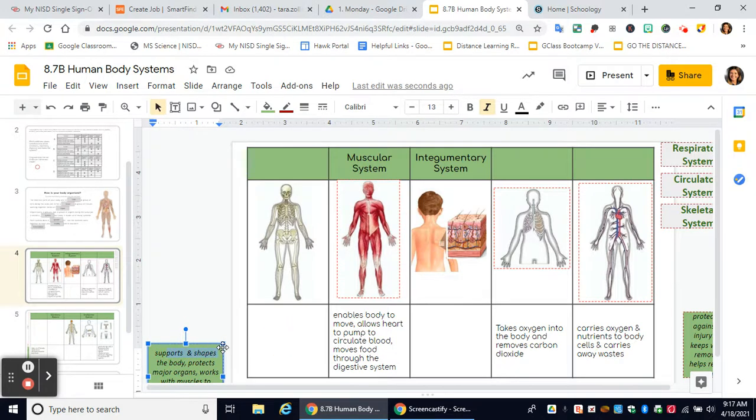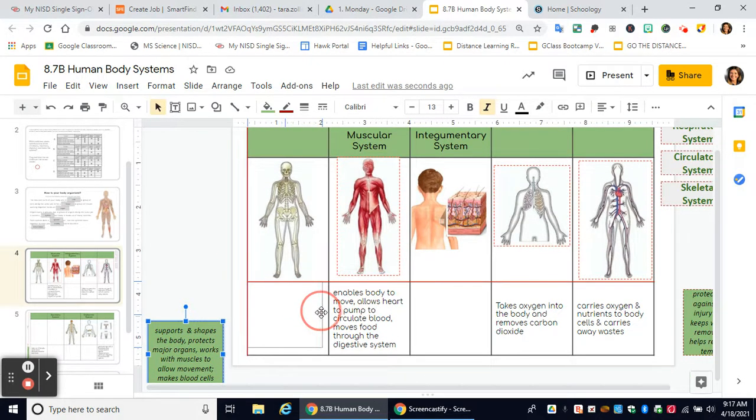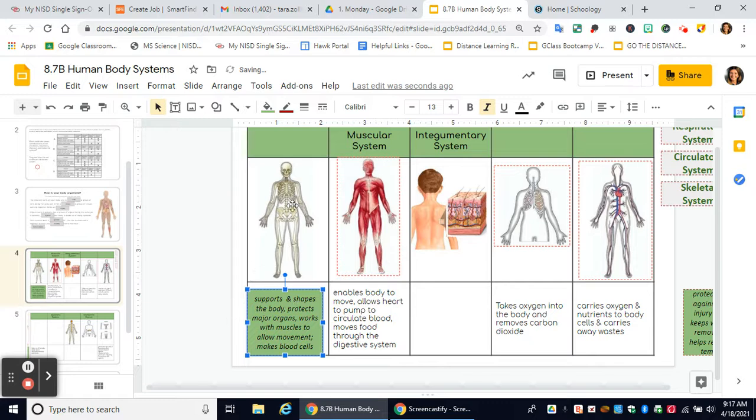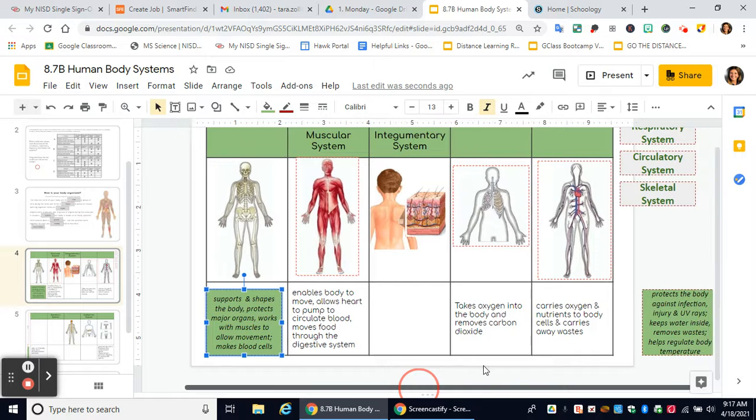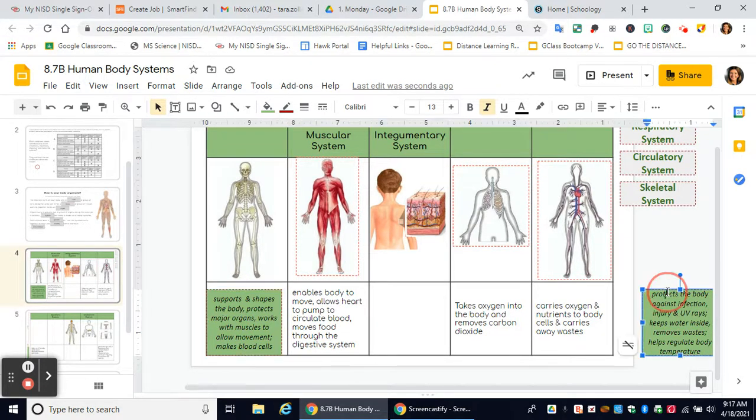All right, can't seem to get it to move. Here we are. Okay, so it's your skeletal system that supports and shapes the body, protects major organs, works with muscles to allow movement, makes blood cells. Your bones make blood cells. Okay, and let's get this function over here. A little tricky.